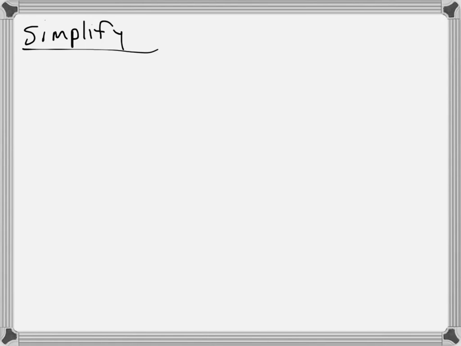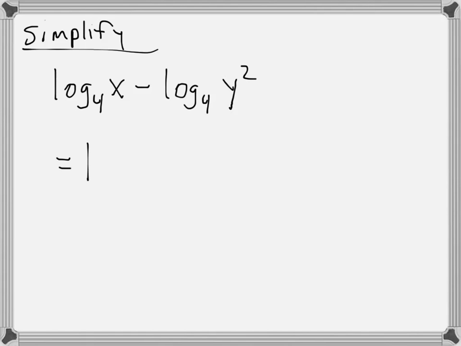So let's simplify log base 4 of x minus log base 4 of y squared. Okay, so I'm subtracting the two logs. Which property should I be using? My product or quotient rule? Good. Quotient rule. So this just says if I'm subtracting this from that, that's the same as dividing.